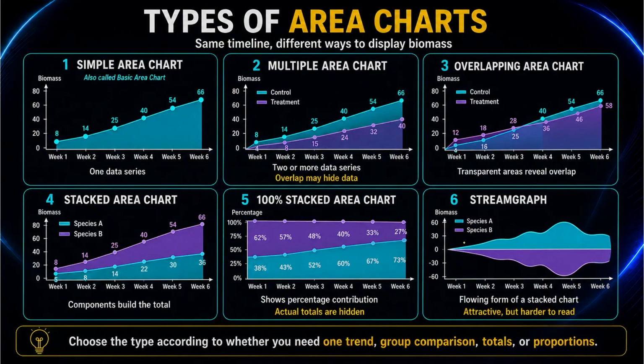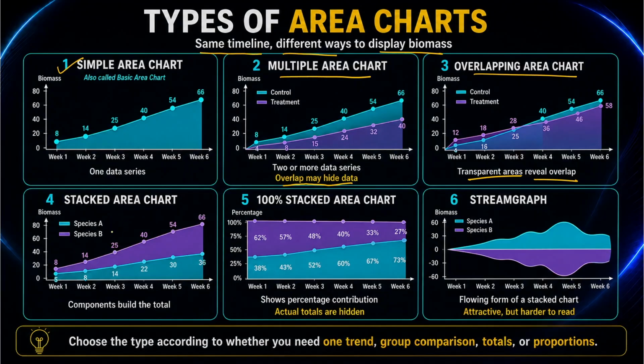Now let's understand the 6 types of area charts. All use the same timeline but display biomass differently. A simple area chart shows one data series. A multiple area chart shows 2 or more series, but one filled area may hide another. An overlapping area chart uses transparent colors, allowing the series to remain visible.